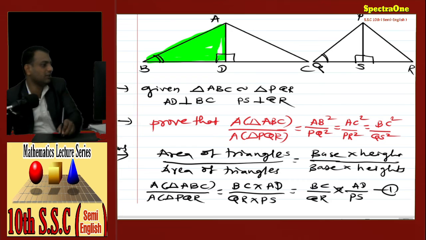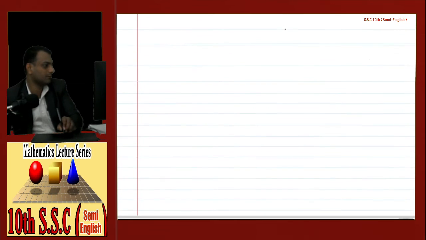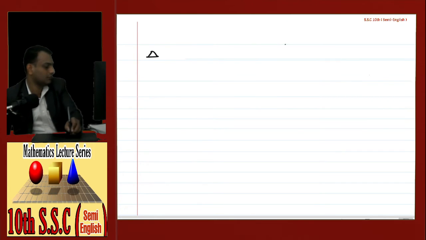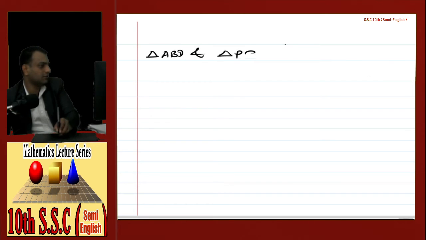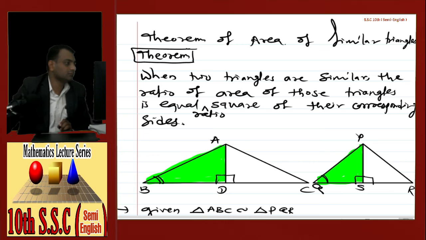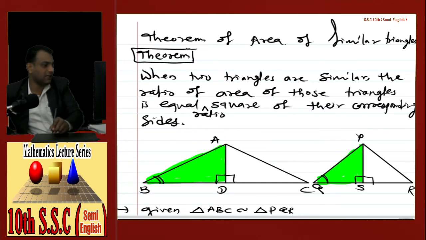In triangle ABD and in triangle PSQ, in triangle ABD, sorry, ABD and PQS. Look, I am saying triangle ABD and PQS.